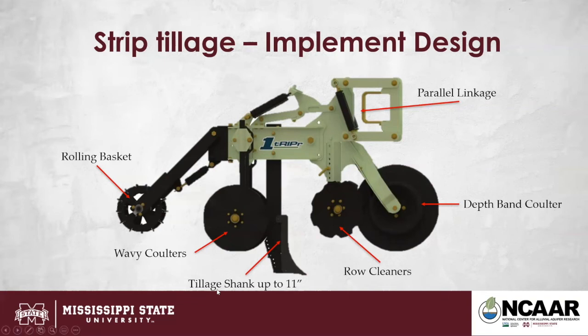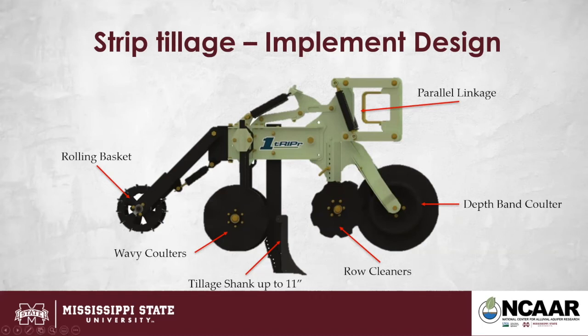It can also have a tillage shank that can do deep tillage up to 11 inches, and a wavy coulter which can be adjusted for depth to do deep or shallow tillage. At the end it has a rolling basket, which is just like a do-all that we run on pan-head furrows.